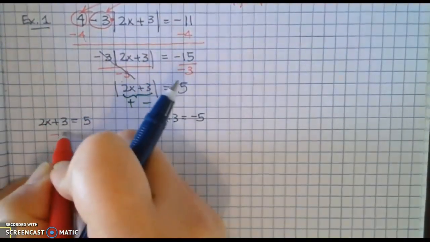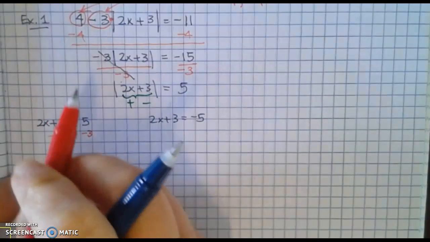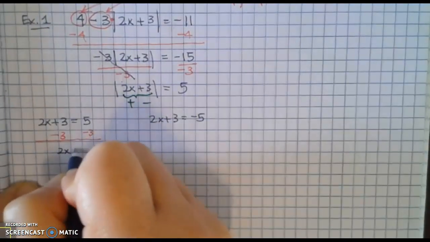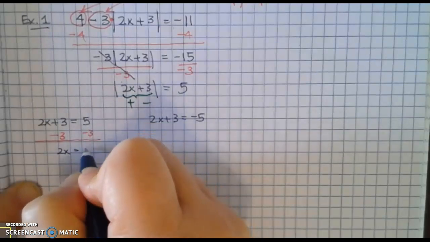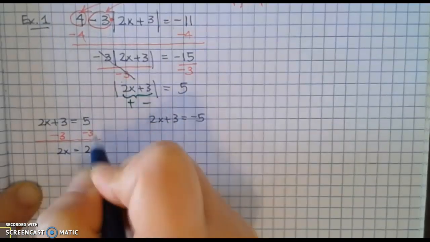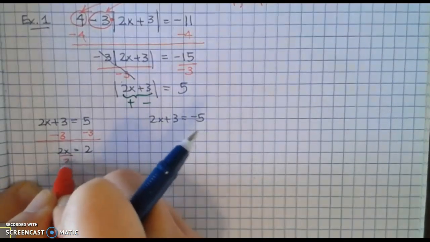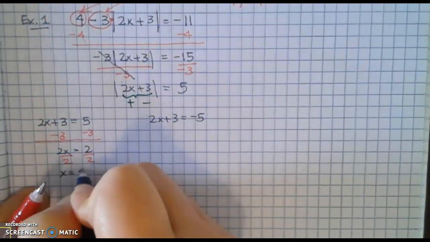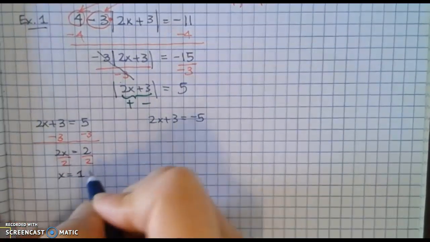We're going to subtract 3 from both sides, and that leaves us with 2x is equal to 5 minus 3, which is just 2. Divide both sides by 2, and so x is equal to 1. That's my one solution.